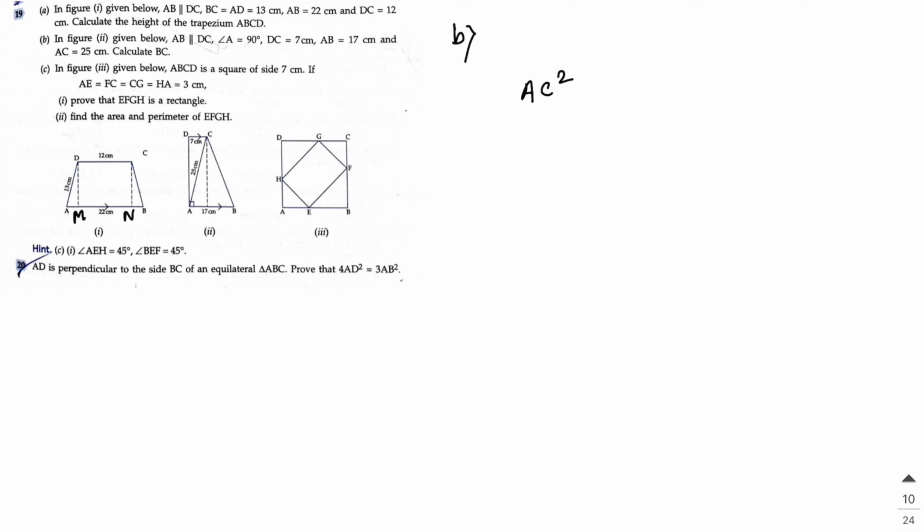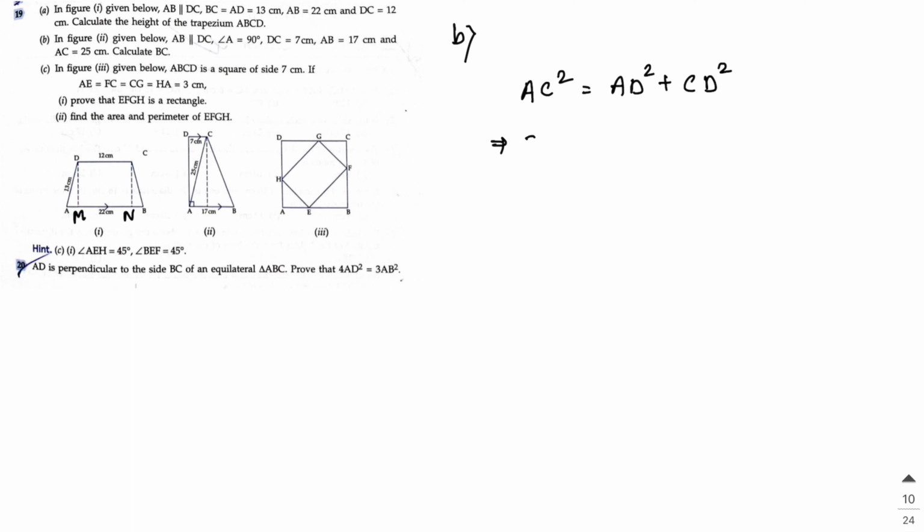So here in the right angle triangle, as A is the right angle, AC square is equal to AD square plus CD square. Here angle A equals 90 degrees.